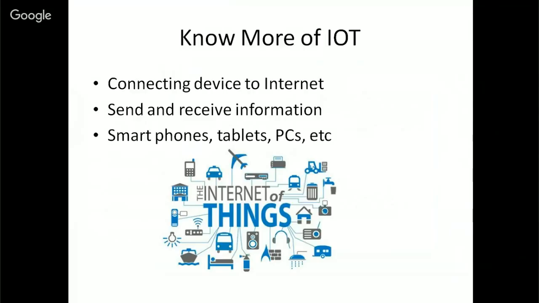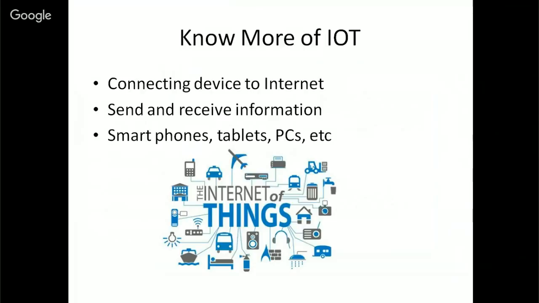That reading of status is done with the help of internet, and connecting your device with the help of internet to your smartphones, your tablets, or your personal computers, wherever you are, is simply termed as IoT or Internet of Things.